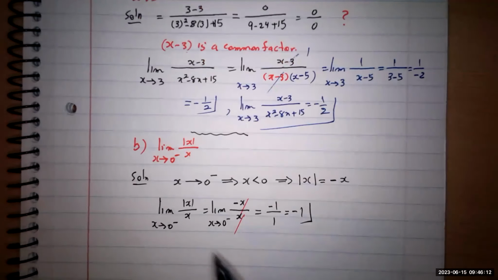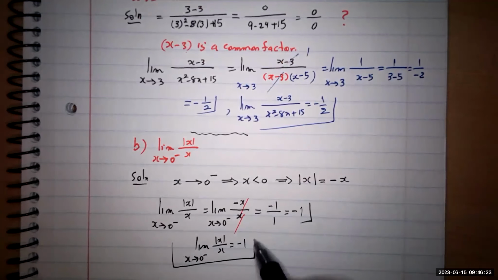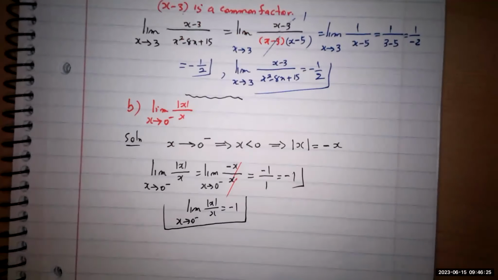So the limit of the absolute value of x over x as x goes to 0 negative is equal to negative 1, and you're done. Any question? When you have the absolute value, you have to drop the absolute value first. Otherwise, you can't do anything about it.